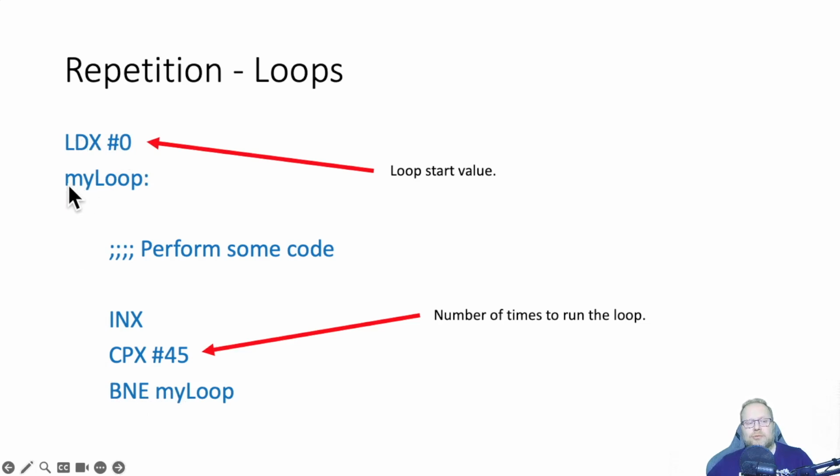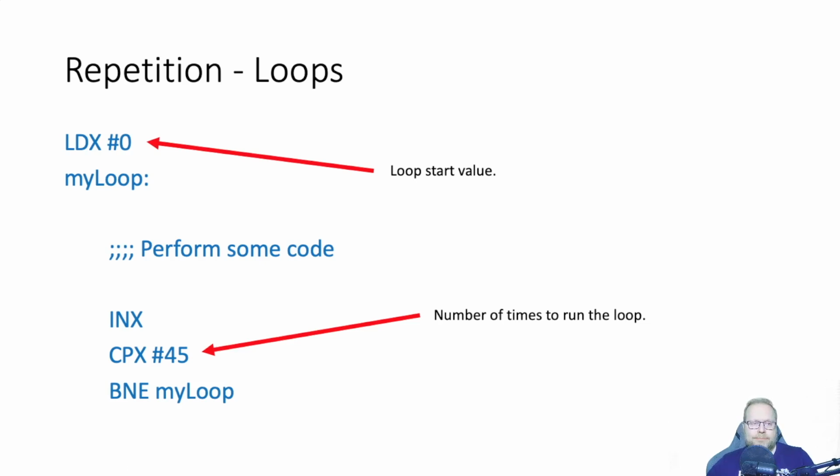I could just write my loop here, have a bunch of code, and all the way at the bottom, I could just write jump to my loop. So every time we ran through all of the code here, we got down here, it says jump to my loop, and I would just go back up there again. And that would just be an infinite loop. And that's actually what game loops are. We're going to come back to that.